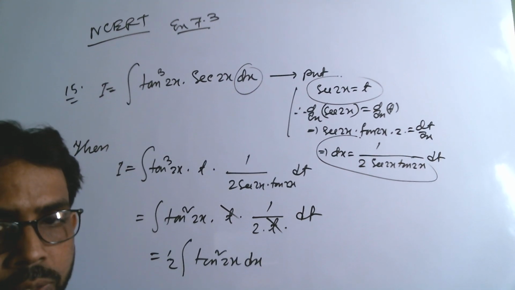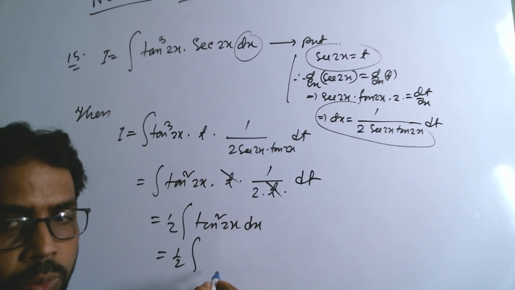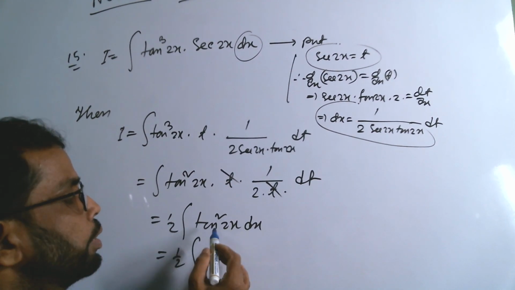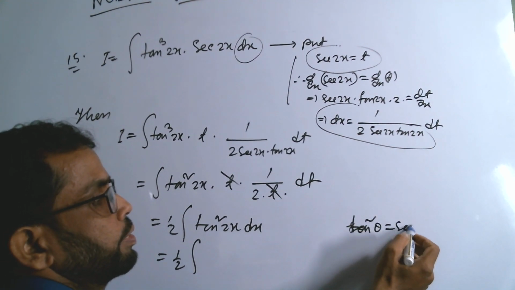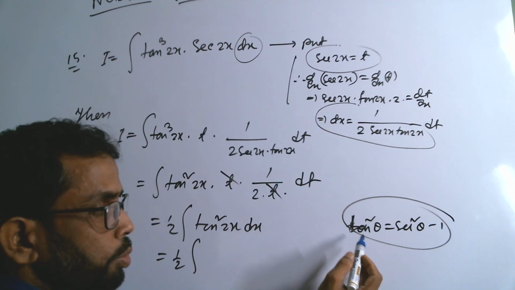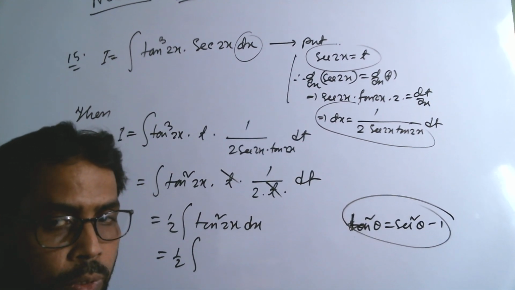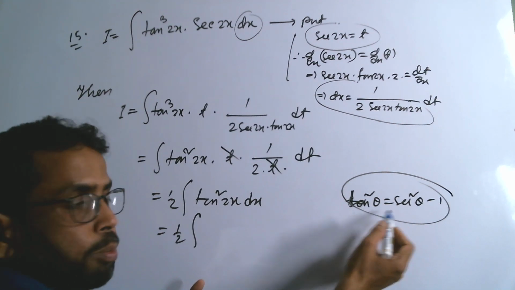The integration of tan square: there is no formula, so we have to use the identity tan square theta is sec square theta minus 1. In integration we should always use this identity for tan square, because we have no integration formula for tan square, but for sec square we have the formula.